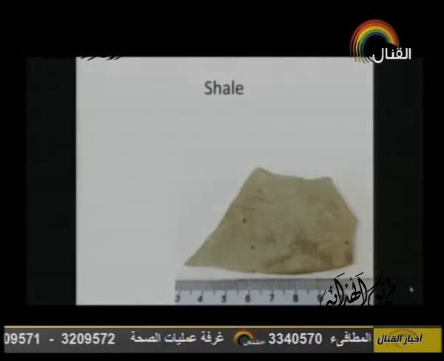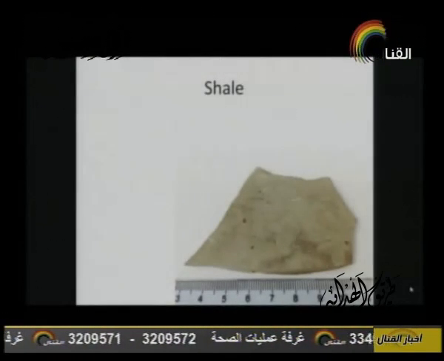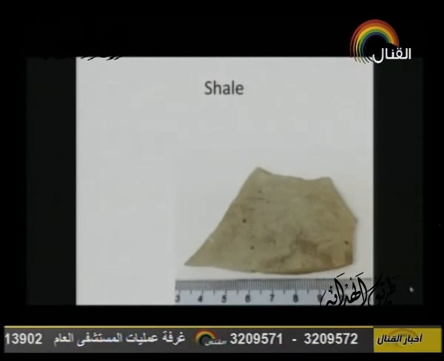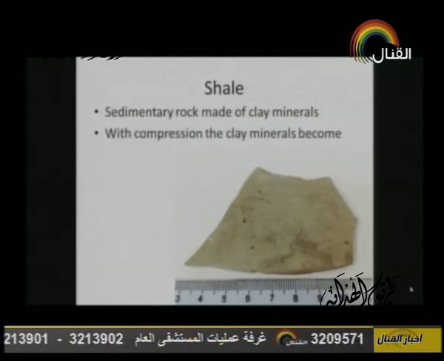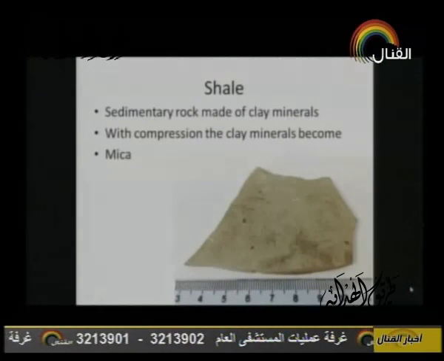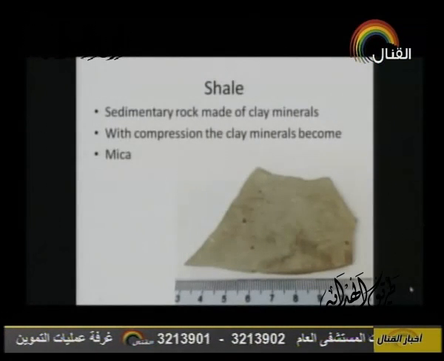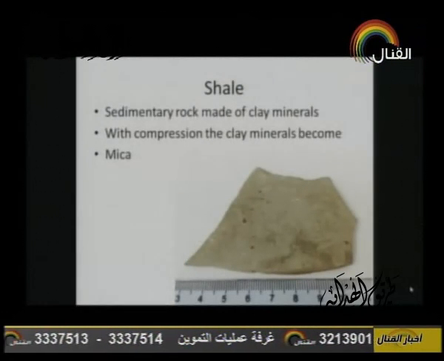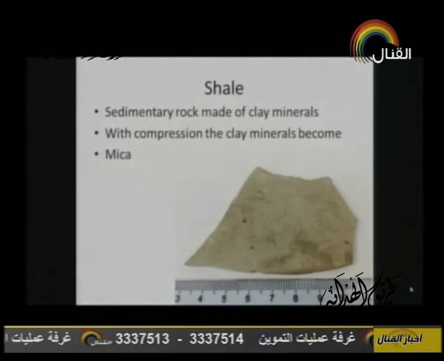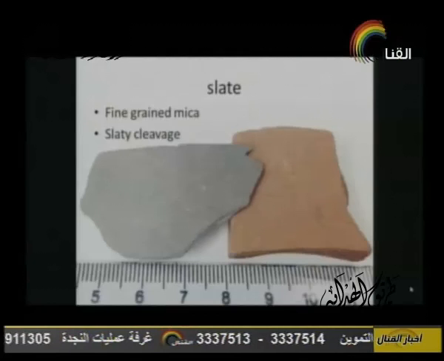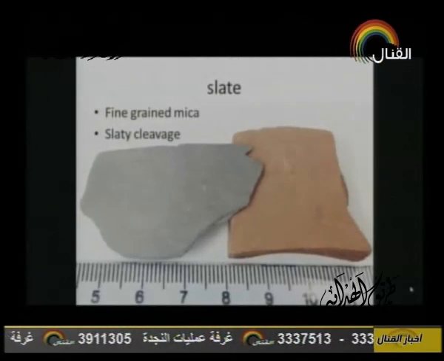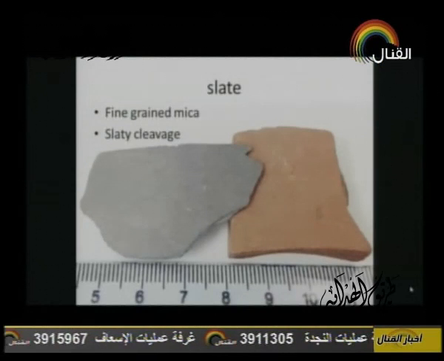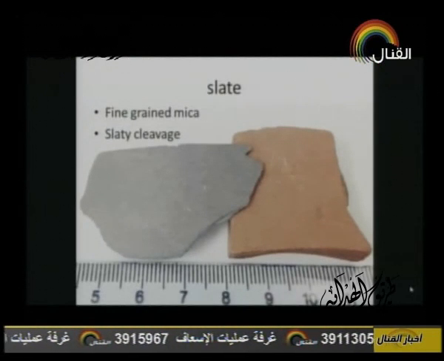The crystals usually increase in size and are arranged so as to become oriented in the direction of least pressure. Metamorphism is commonly accompanied by mountain building movements where temperature and pressure are high.